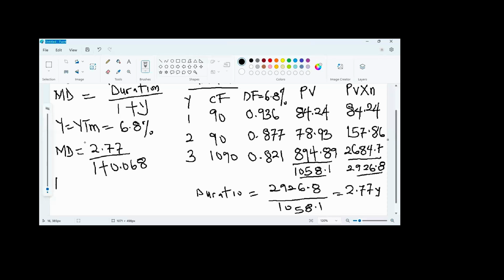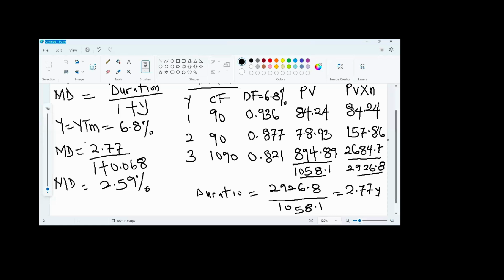So what is the MD, please? MD is 2.59. Please reconfirm. Yes, sir. Thank you. It's going to be in percentage. We have gotten the modified duration.